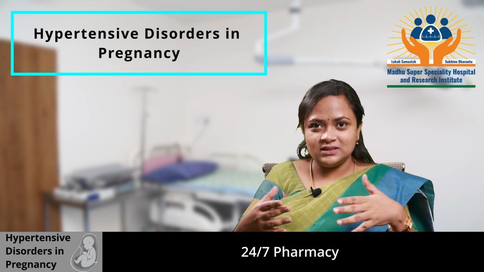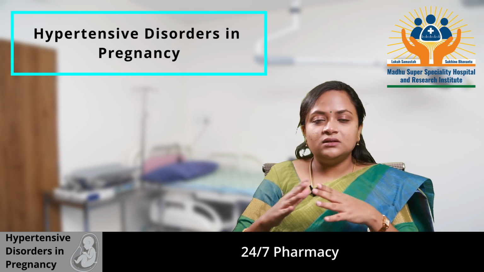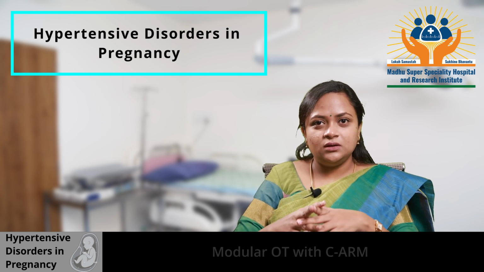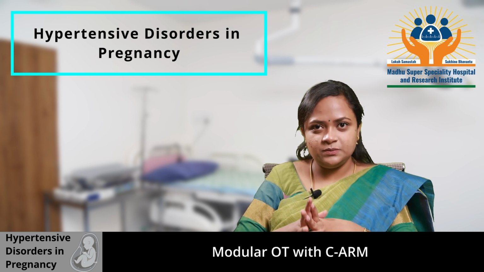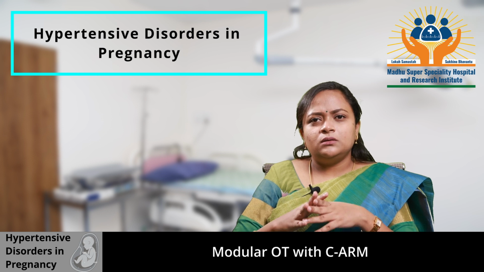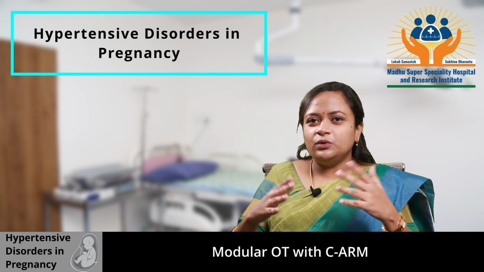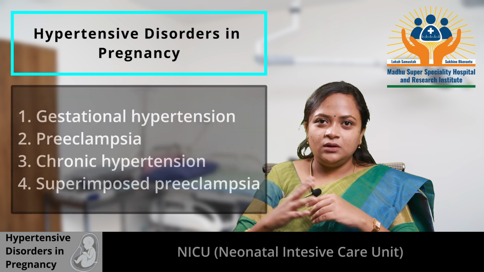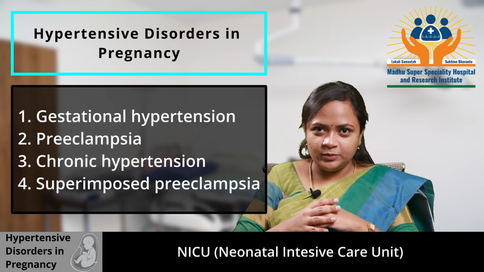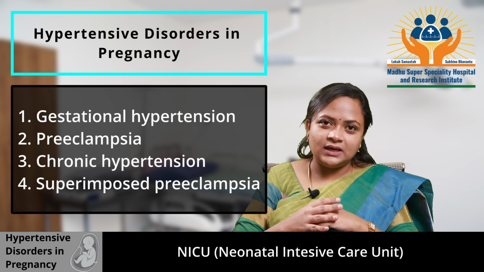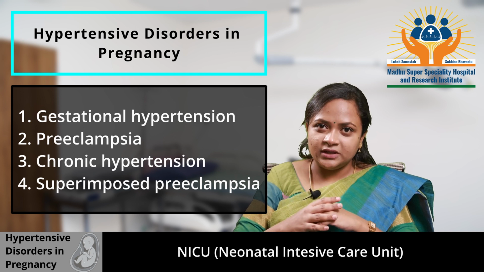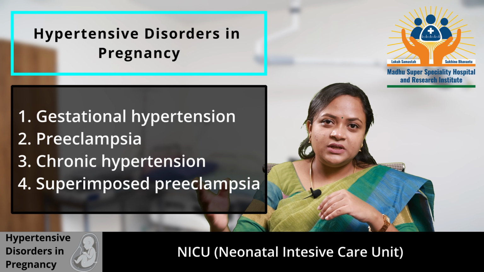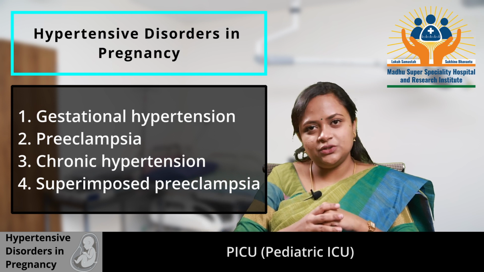There will be increased resistance and it occurs at 20 weeks. That is where the placental mechanism occurs in pregnancy. We'll divide this hypertension into 4 categories and later I'll tell you why I'm explaining these categories to you. First, gestational hypertension, then comes preeclampsia, then comes chronic hypertension. The last one is preeclampsia superimposed on chronic hypertension.